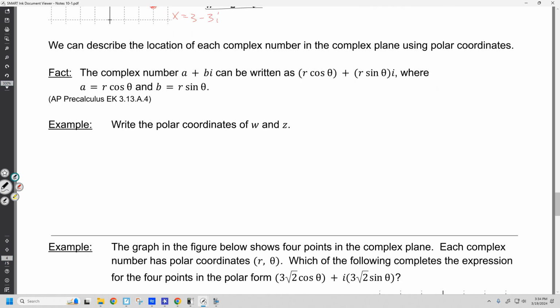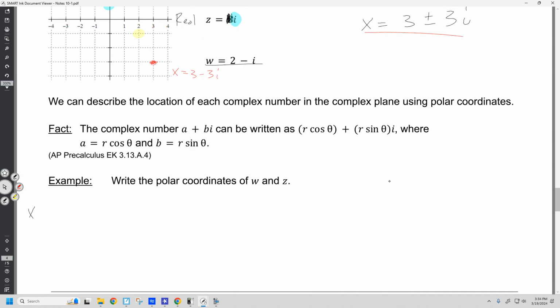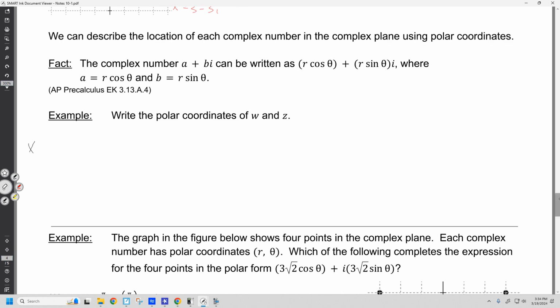The value of i, z equals i, can be expressed a different way using r cosine theta and r sine theta, just like we kind of did for that last problem where theta was 2 and r was 5.